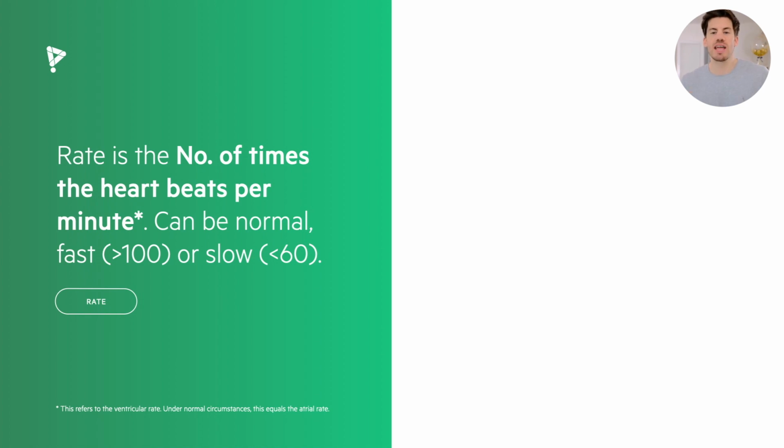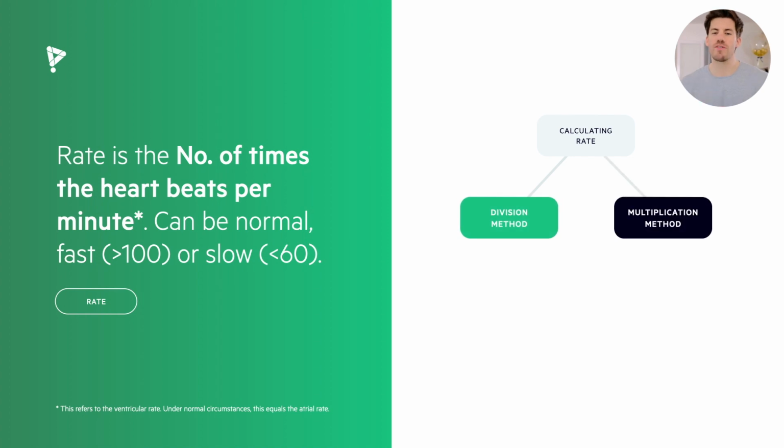However, if there's a problem with conduction going from the atria to the ventricles, you may have separate ventricular and atrial rates, but we'll come on to that in later lectures. So for now, for a normal ECG with normal rhythm, the ventricular rate is the number of times the heart beats per minute, which equals the atrial rate. When calculating rate, there are two methods: the division method and the multiplication method.